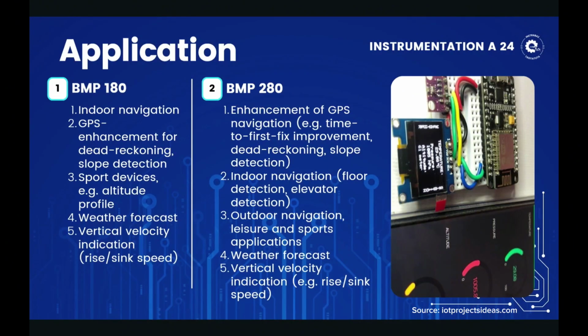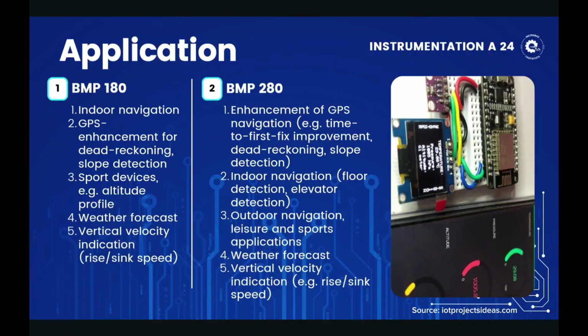For BMP180, it is used for indoor navigation, GPS enhancement for dead reckoning, slope detection, sport devices, for example altitude profile, weather forecast, and vertical velocity indication, while BMP280 is used for enhancement of GPS navigation, indoor navigation, outdoor navigation, leisure and sports applications, weather forecast, and vertical velocity indication.